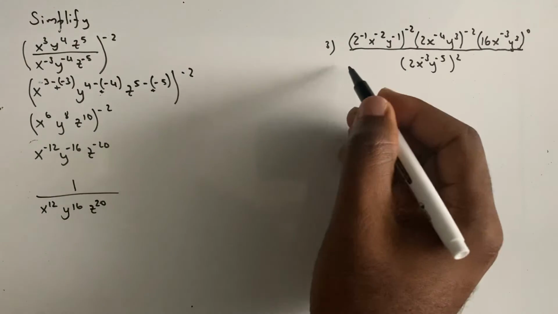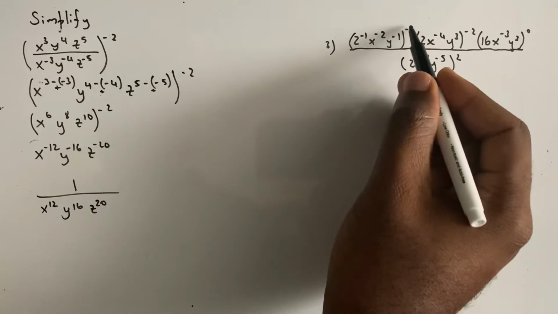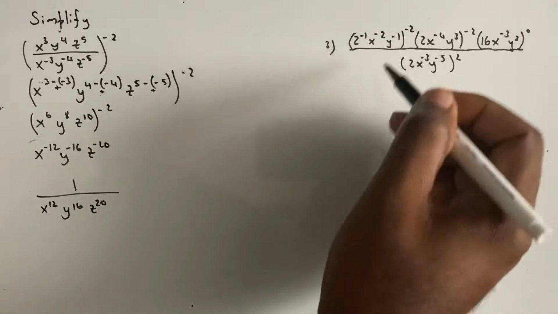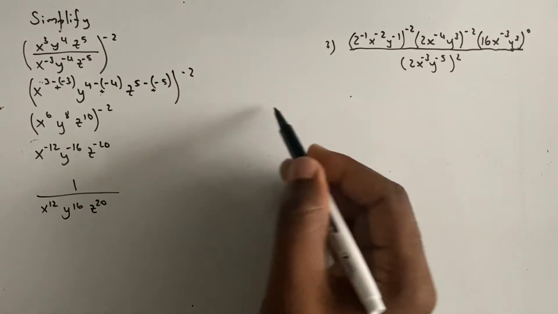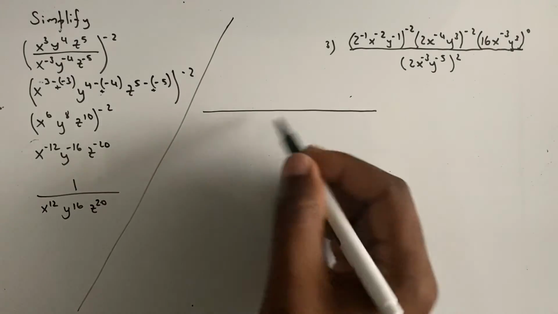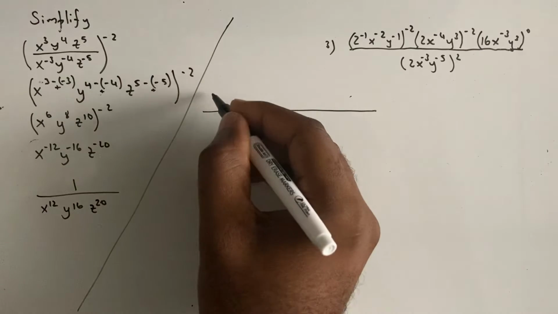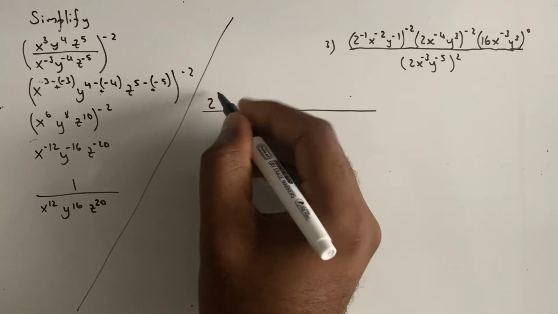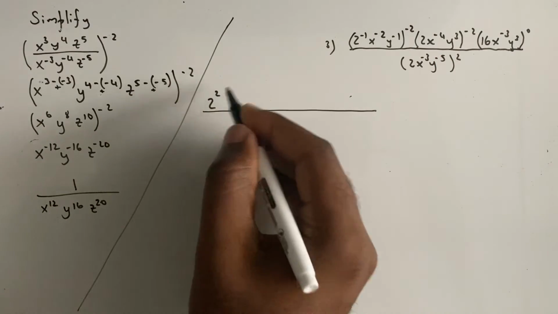Now in this case, guys, we can go ahead and use the exponent. So if I do that, I'll have, let me put it here so I can have more space, 2 to the negative 1 to the negative 2, that's 2 to the positive 2, because negative 1 times negative 2 is positive 2.